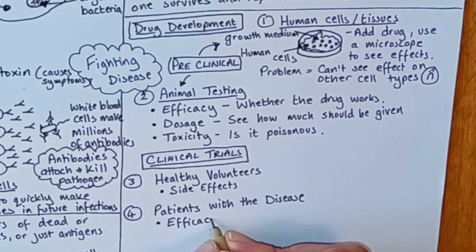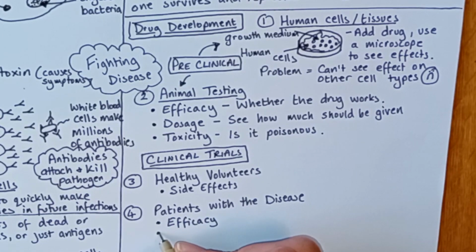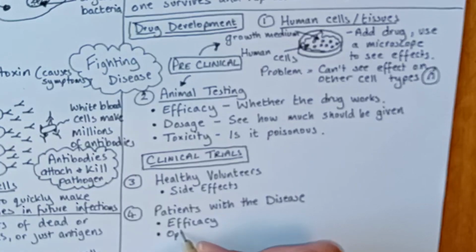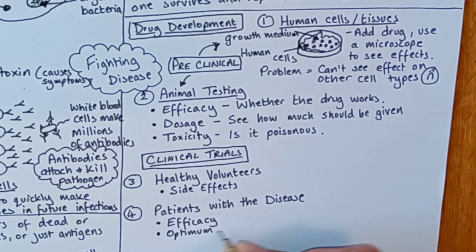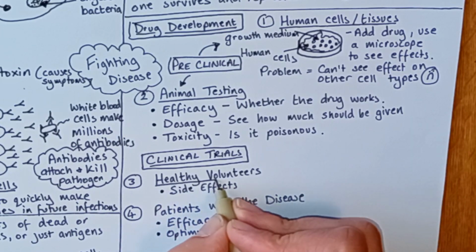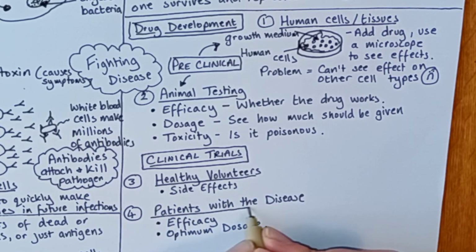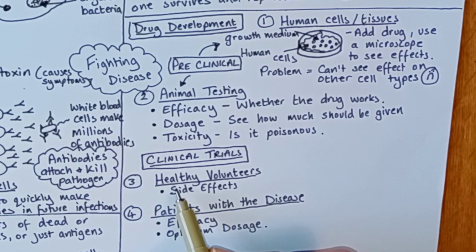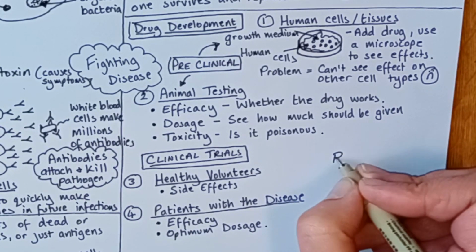Does it actually work? And we're looking at optimum dosage. Now, both phase 1 clinical trials on healthy volunteers and phase 2 clinical trials on patients often use something called a placebo.